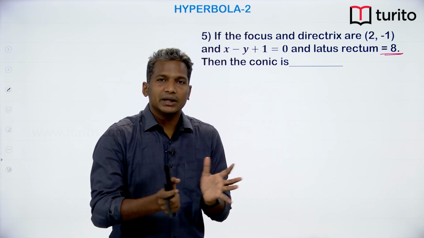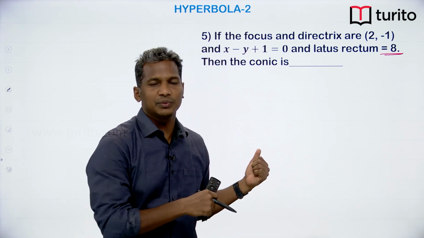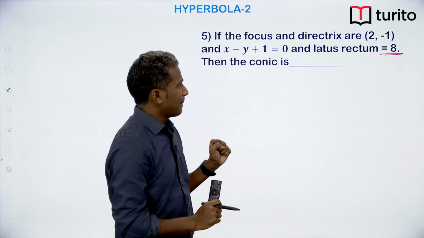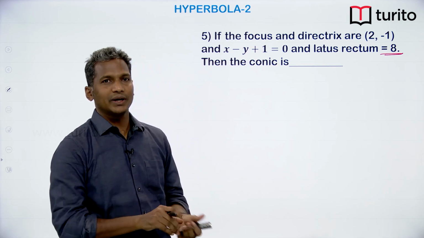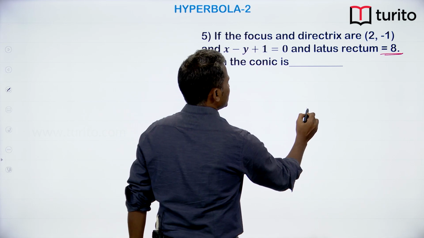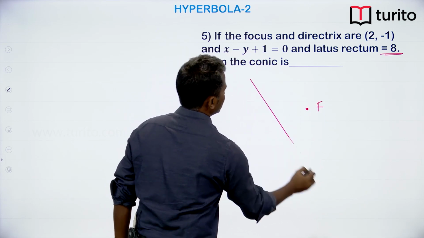Because this is an open ended question, it can be an ellipse or hyperbola. Because we are solving this in the hyperbola chapter, of course, the answer must be one of the hyperbolas, but in general, if you face this question in the exam, how do you react? Okay. So, here this is the idea. Let us say there is this point, the focus here, okay, and there is, let us say, a directrix here.